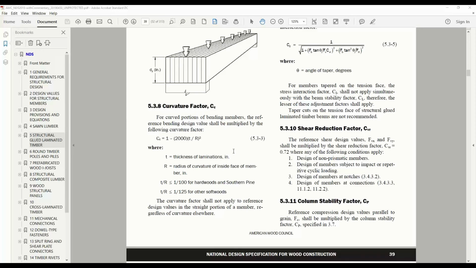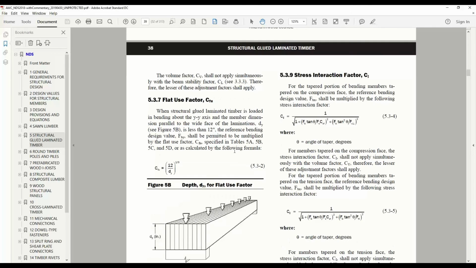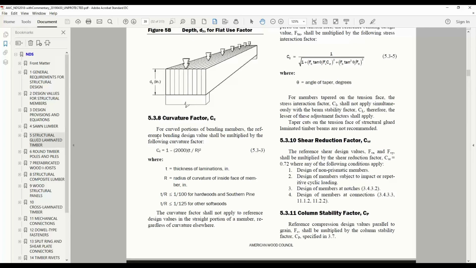I had briefly alluded to the curvature factor when we talked about table 5.3.1, but it starts here at 5.3.8, the curvature factor, and it just shows you this adjustment that you will apply, and it does depend on if it's a hardwood or southern pine, or if it's another softwood. That will impact this t over R value.